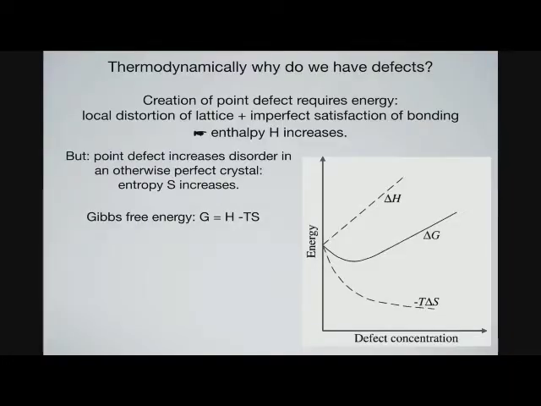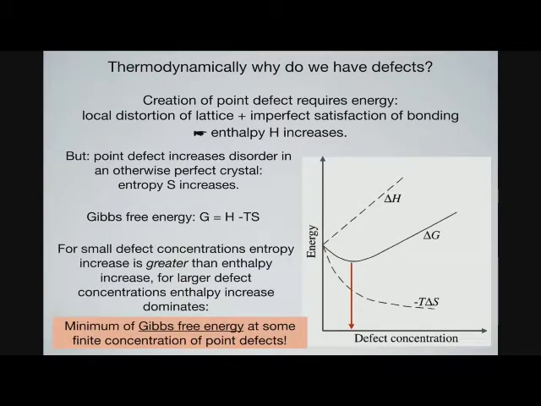But in between, there's a minimum, right? So there's a minimum where your gain in entropy outweighs the penalty in the enthalpy. And that's the equilibrium defect concentration, the minimum in the Gibbs free energy. So even a perfect crystal will always have a finite number of point defects because of this entropy term contributing to the total Gibbs free energy.